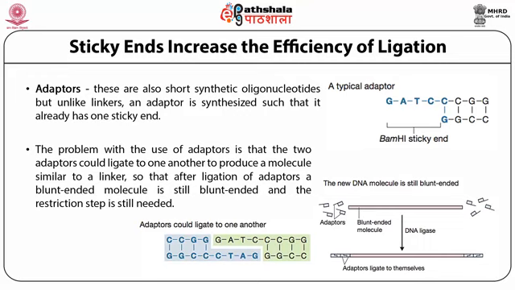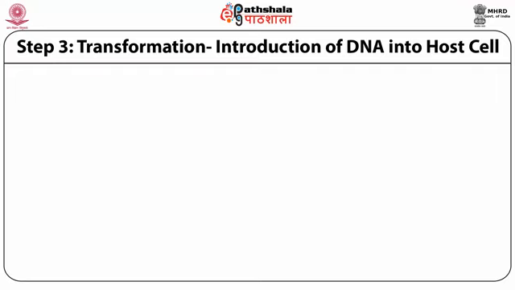These need to be again digested with the appropriate restriction enzyme, in this case BamHI, to create sticky ends for cloning purposes. The third step of cloning is transformation.